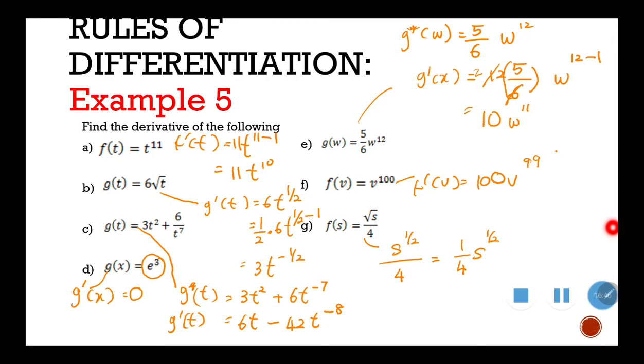So try to differentiate it, we get like this, s to the power of half minus 1. So you will get 1/8 s to the power of minus half. Okay, class. So we move on to the next slide.